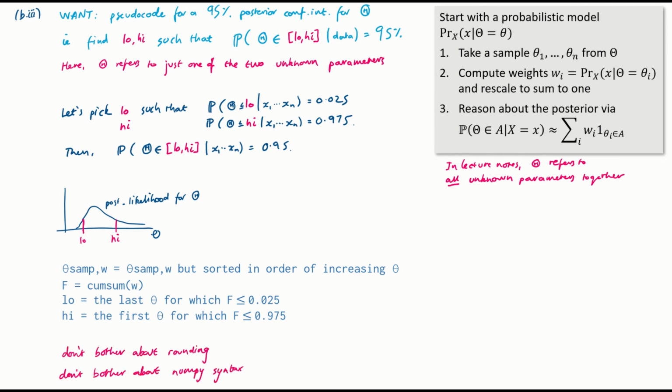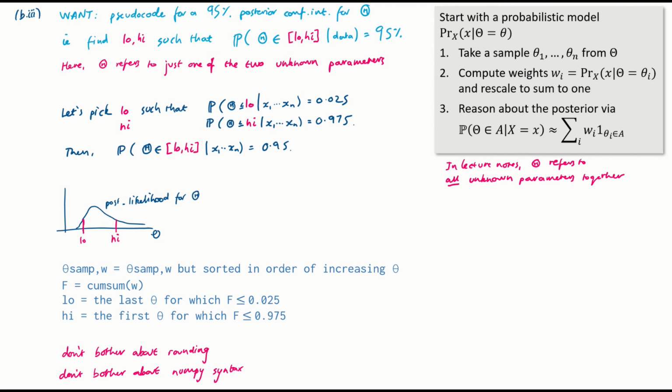Two other notes about exam strategy. This question asks for a confidence interval. Don't bother about rounding. Don't bother about whether I mean theta less than or equal to low, or theta less than low. We didn't bother about that in lecture notes.